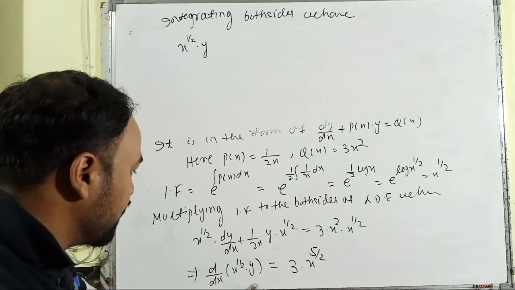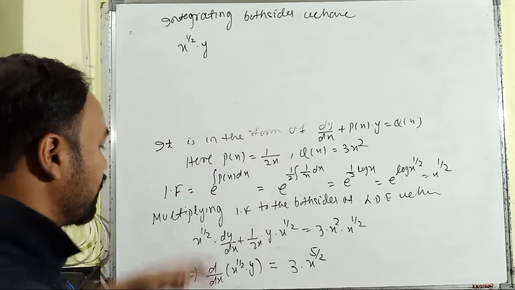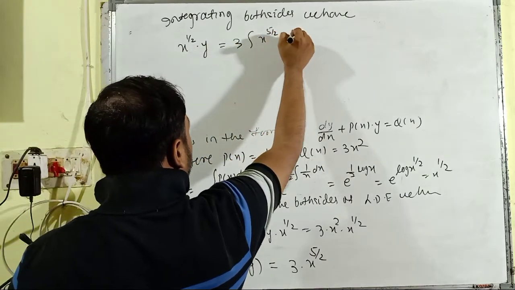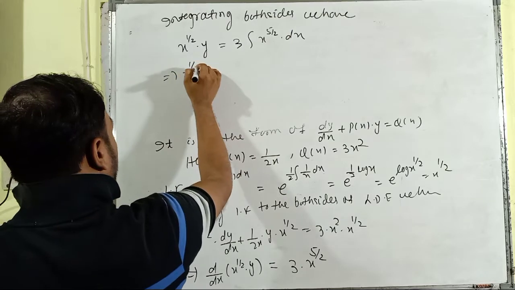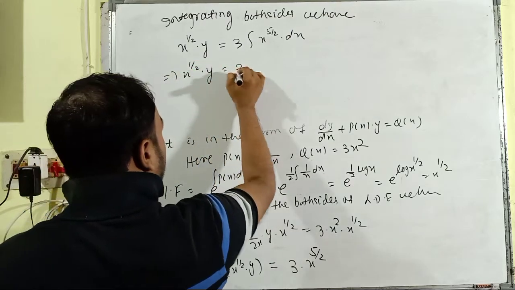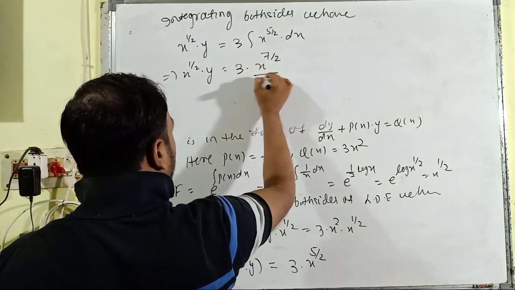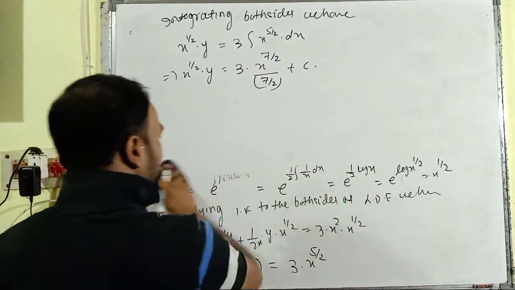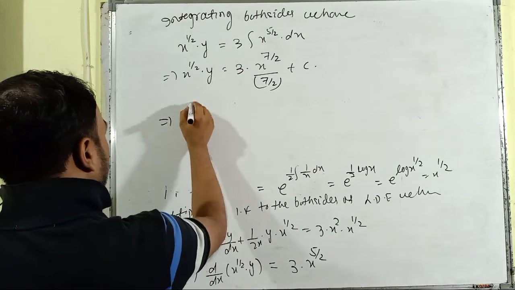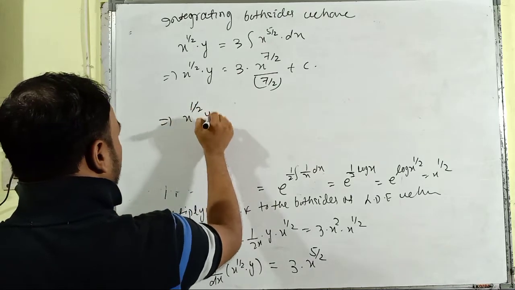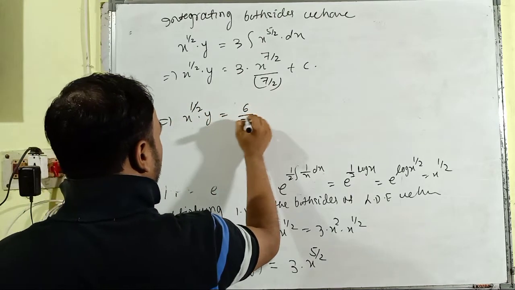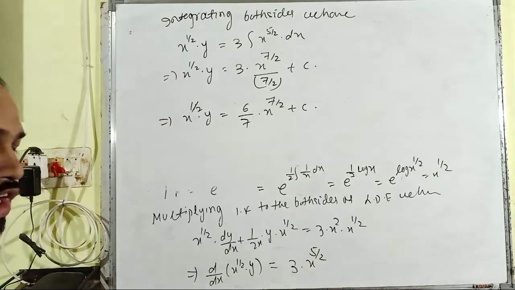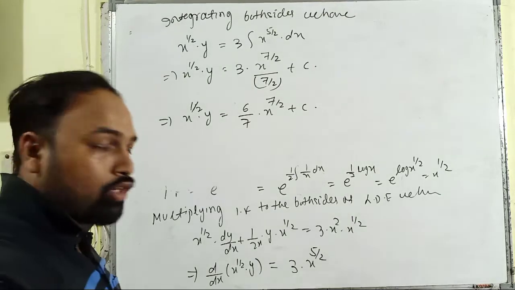So the remaining term is x to the power 1 by 2 multiplied with y, and then integrating the right hand side we can have the answer: x to the power 1 by 2 y equals 3x to the power 7 by 2 divided by 7 by 2 plus c. Then simplifying some of the steps we have our answer: 6 upon 7 x to the power 7 by 2 plus any constant c. So it is all about the solution of problem number 2.